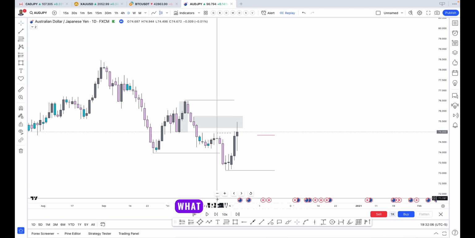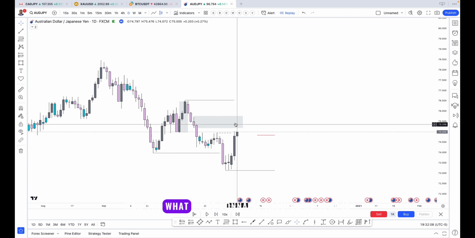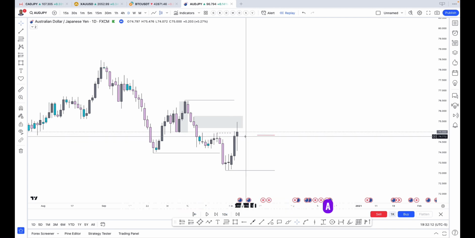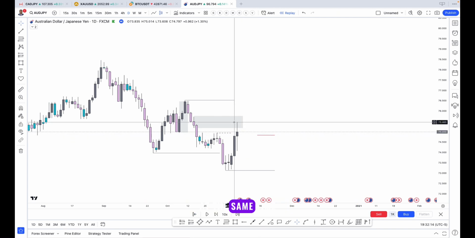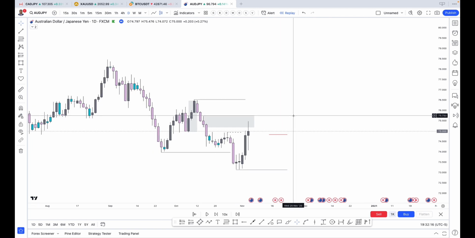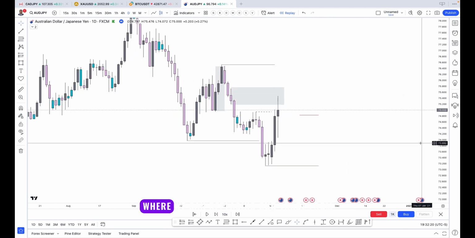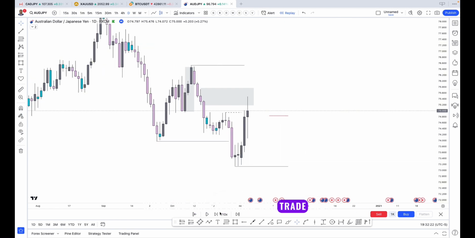So what are we looking at here? We're going to be looking at a price that will remove a low and remove a high at the same time, so that we can find a proper zone where we can be placing our trade from.